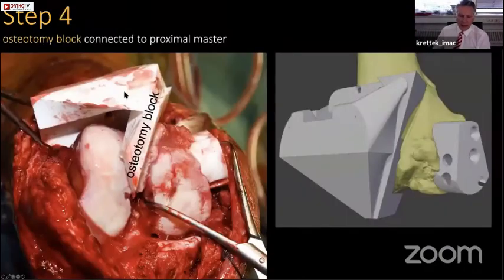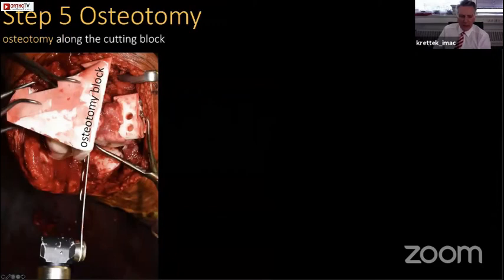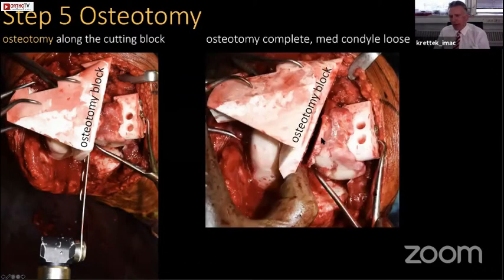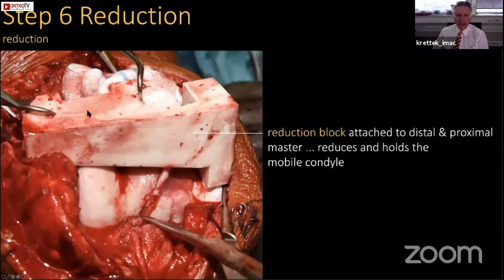And then we do similar things on the proximal screw holes, add the osteotomy block. This is before cutting. And then we use the oscillating saw along with the osteotomy, and now we have loosened the malunited fragment, and we can manipulate it, we can shift it, we can rotate it, we can put it more distal, and this is controlled and supported with the reduction block.